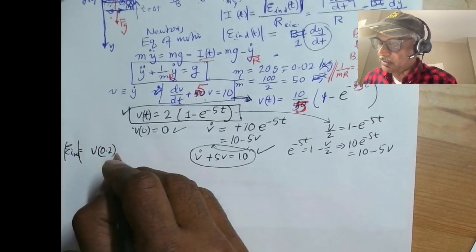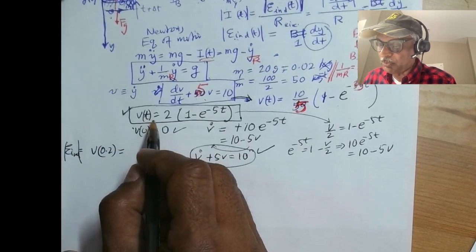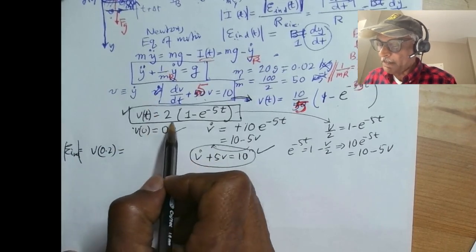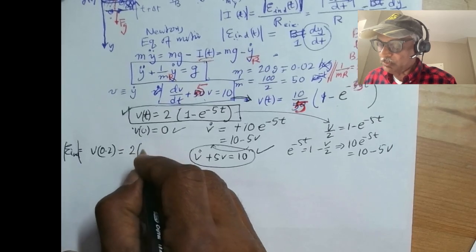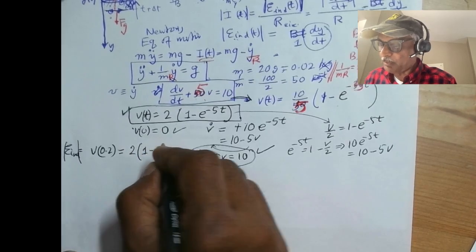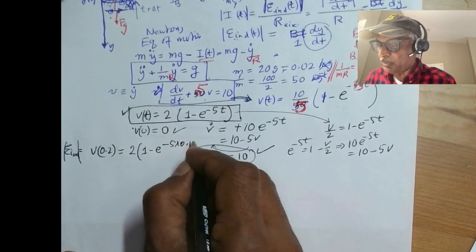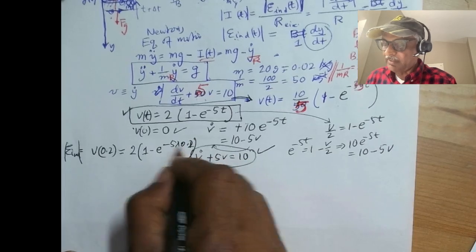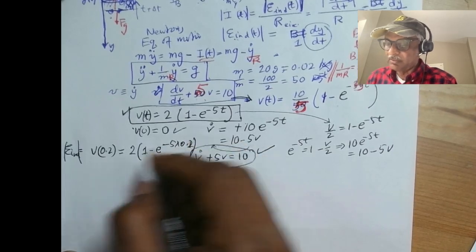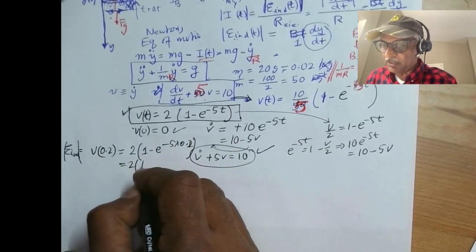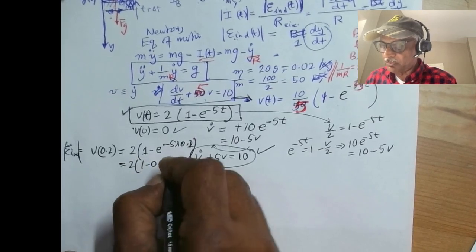So this is at 0.2 seconds. I got 2 times 1 minus e to the power minus 5 times 0.2, and that's just 1, so it's 1 minus 0.4.